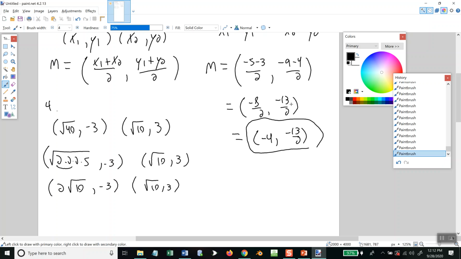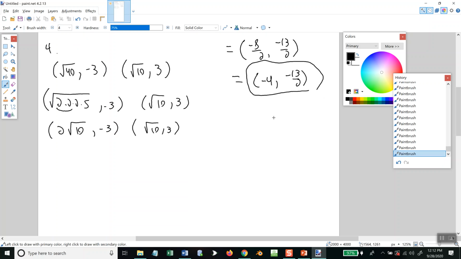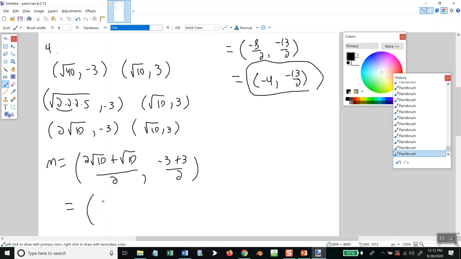Now at this point, we're ready to find the midpoint. So I got 2 square root of 10 plus the square root of 10 over 2. Then I got negative 3 plus 3 over 2. That gives us 3 square root of 10 over 2. And negative 3 plus 3 is 0. 0 over 2 gives us 0. And that'd be our midpoint.